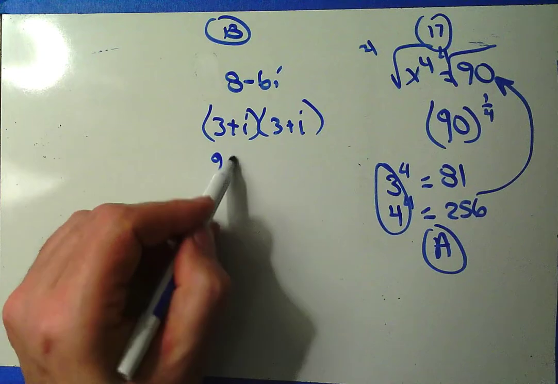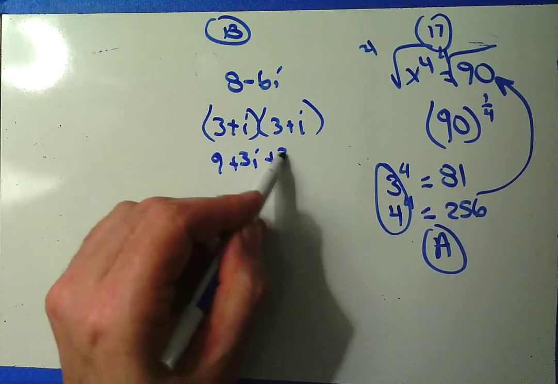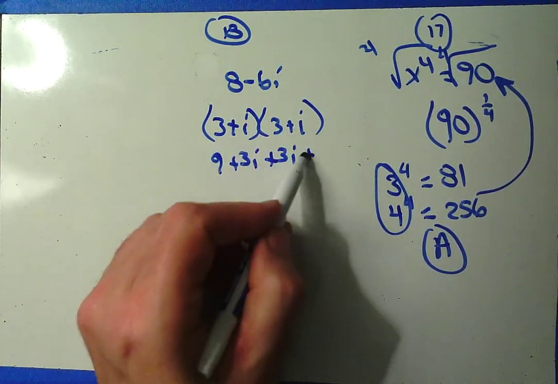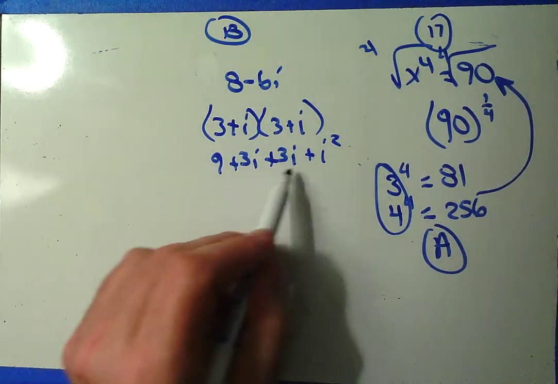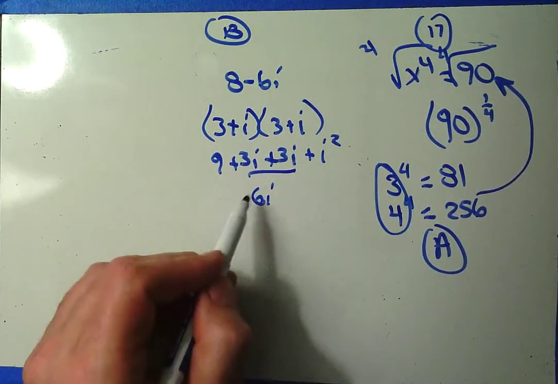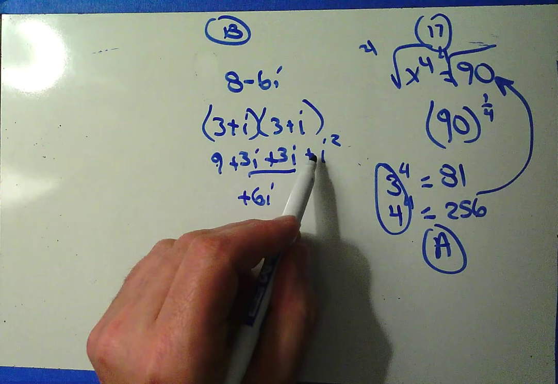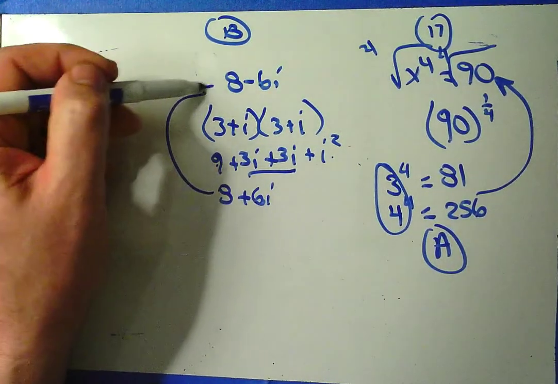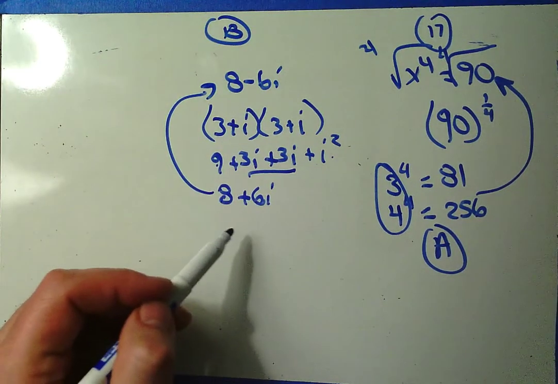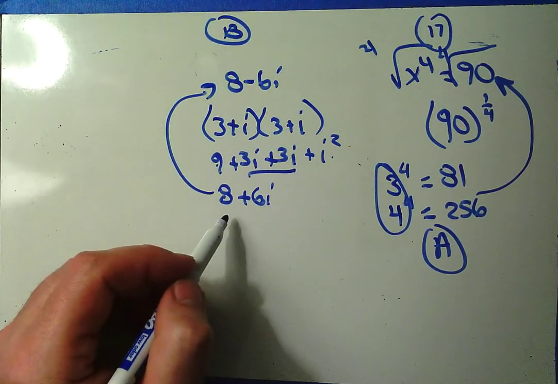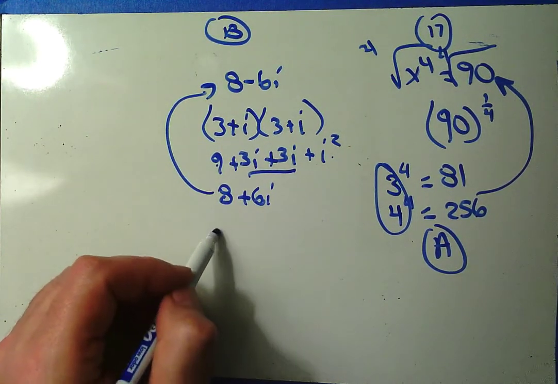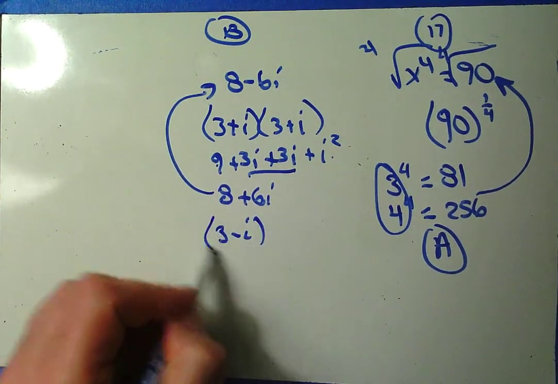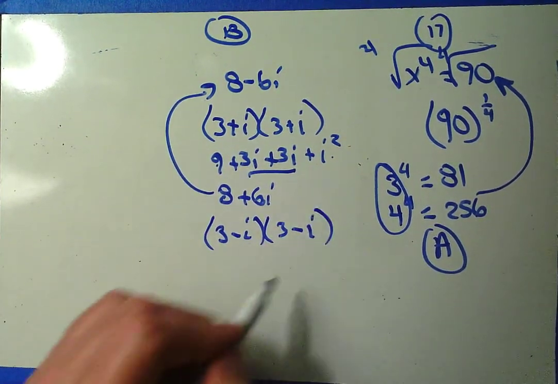And so I get 9 plus 3i plus 3i plus i squared. Well, here I have a positive 6i, and here I have 9 minus 1, or 8. Well, they want me to get 8 minus 6i, and I got 8 plus 6i. So that means F doesn't work. What about G? 3 minus i, 3 minus i.